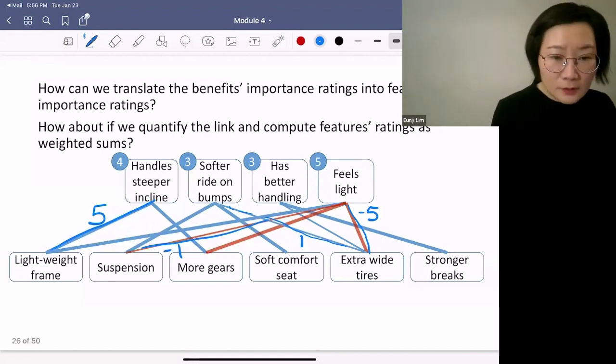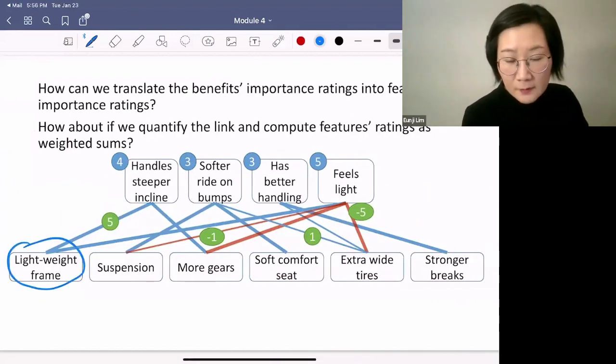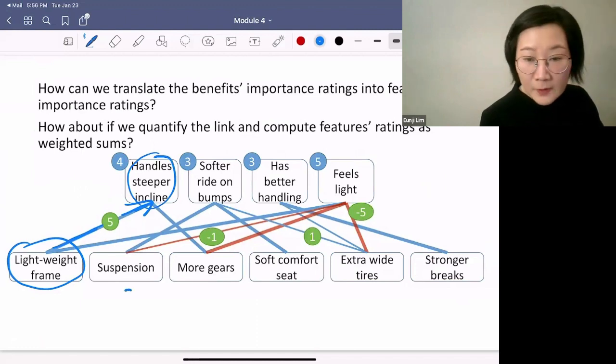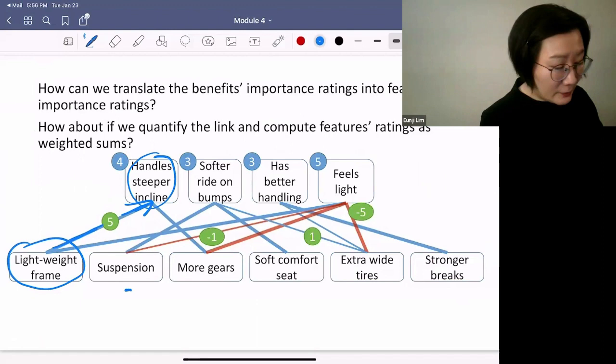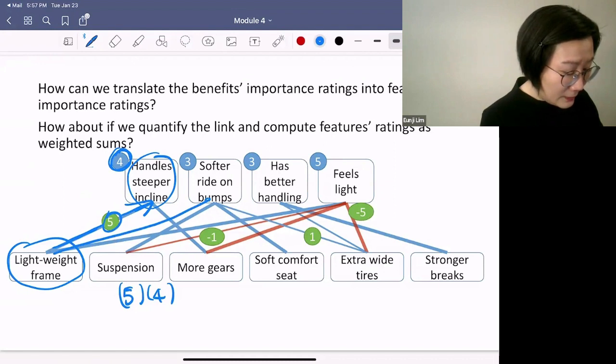Now let's compute the importance rating for lightweight frame. This one has strong positive relationship with handles steeper incline. So the importance rating for this is 4. So we could compute 5 times 4. And then this one doesn't have any relationship. And this one has strong positive relationship with feels light.